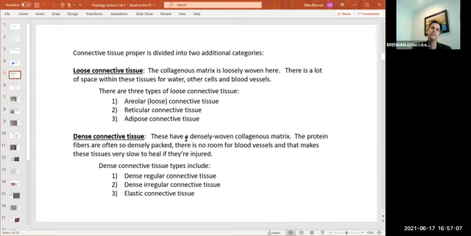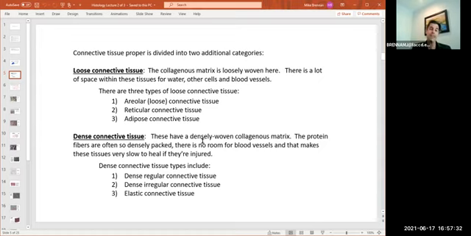Dense connective tissues have a very tight, dense weave of collagen fibers. If you had to think of them as like a fabric, again, silk, or a really high thread count cotton. So dense connective tissues, they're so tightly woven together, there's not a whole lot of room for blood vessels to supply sugar and oxygen and nutrients.